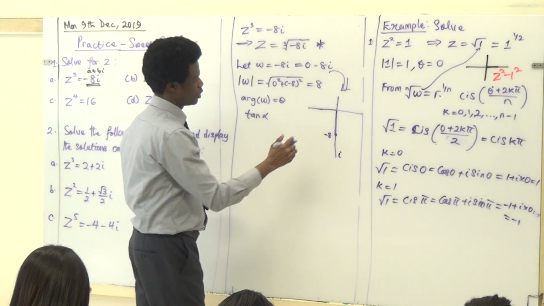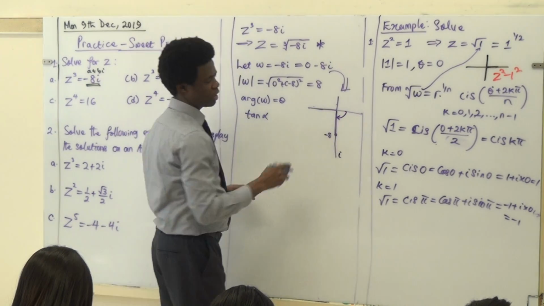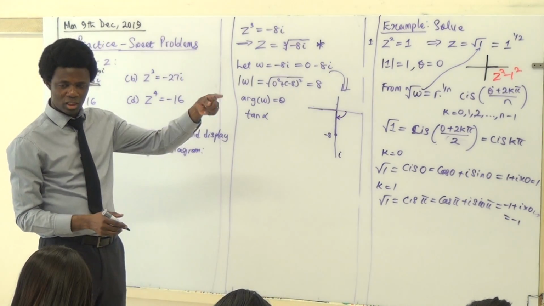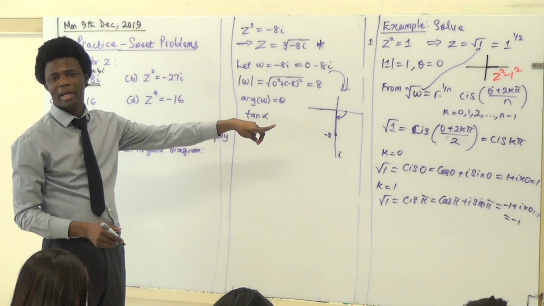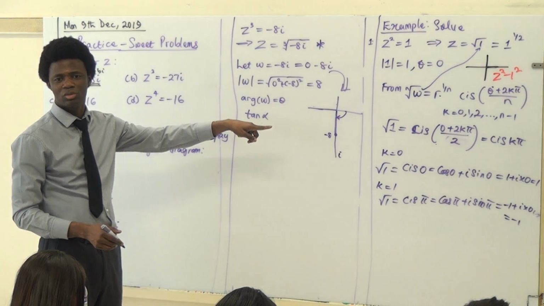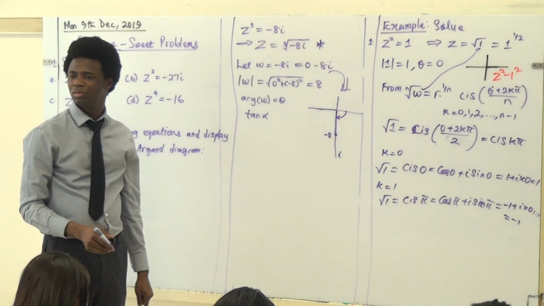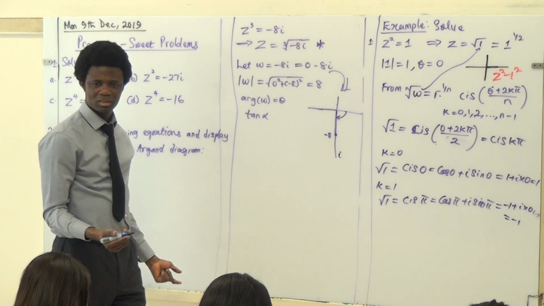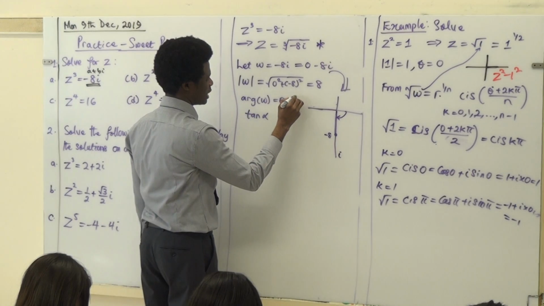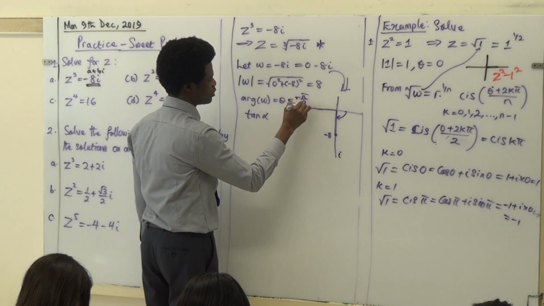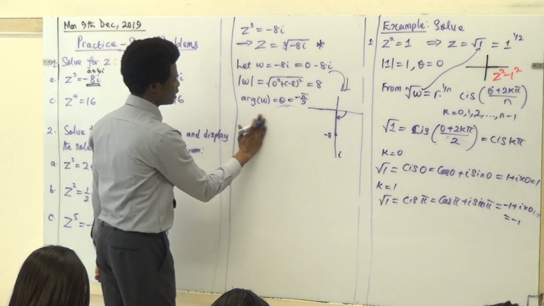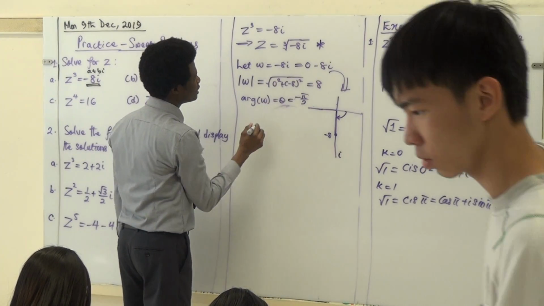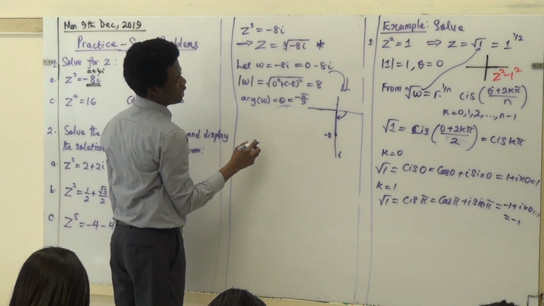It moves clockwise through an angle of 90 degrees, so that's pi over 2, and negative because it is below. So they are right to say that this is negative pi over 2. Now that you have your argument and the modulus, you can use the formula.